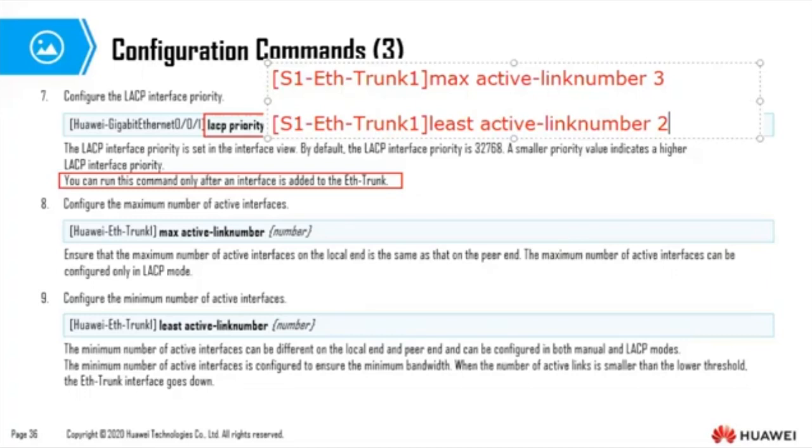So all links will be inactive. They can't forward data. Are we together? If you enter 3, if the active interfaces go below 3, the entire Ethernet trunk is torn down. So that is what that is used for.